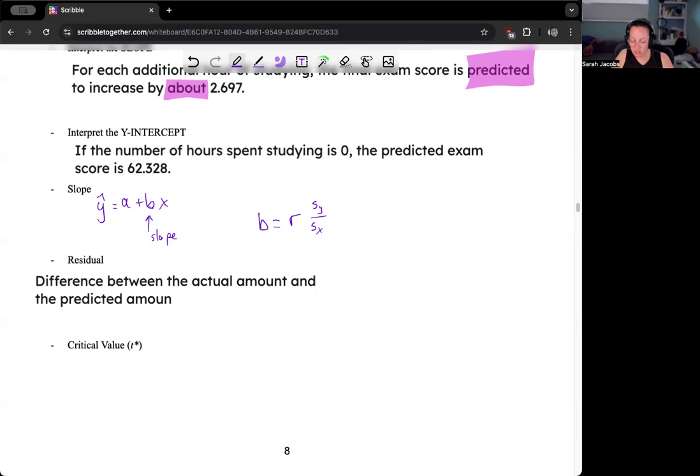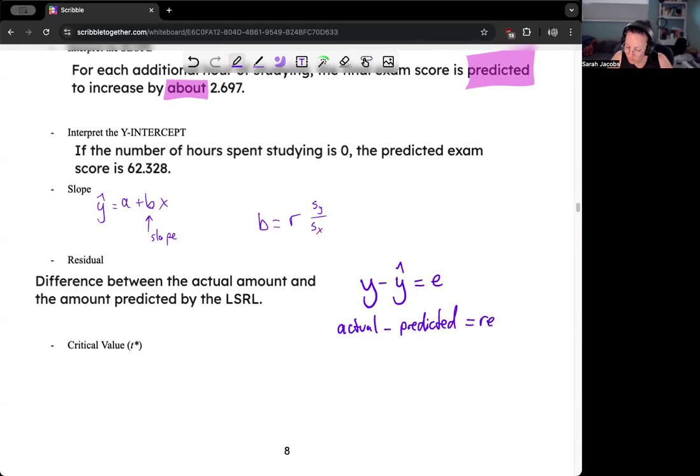The actual amount and the amount predicted by the LSRL. That's a nicer way of saying it. And so to calculate that, you're going to do y minus y hat, and that's going to equal your residual. So it's actual minus predicted, and that is your residual.